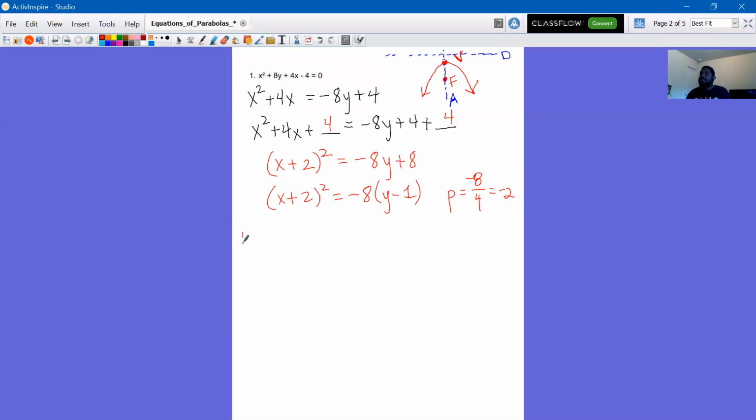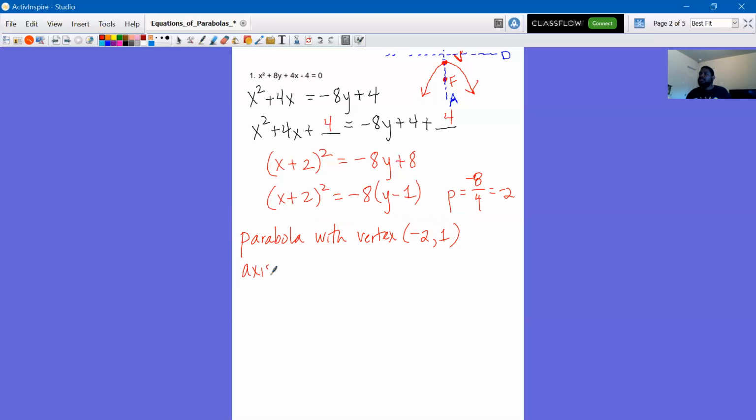So we have a parabola with vertex -2, 1.